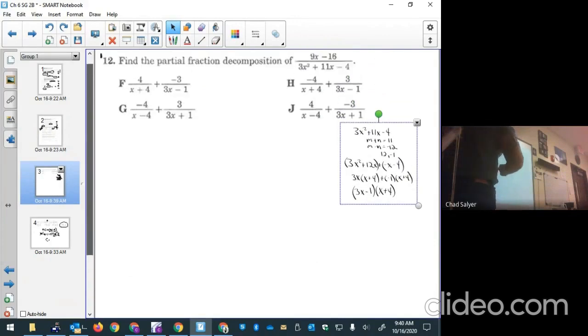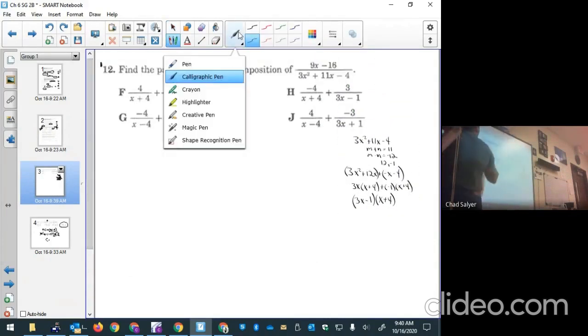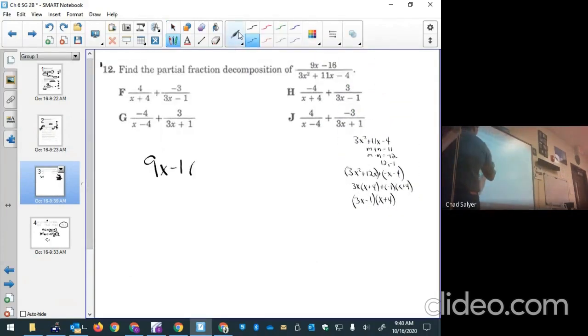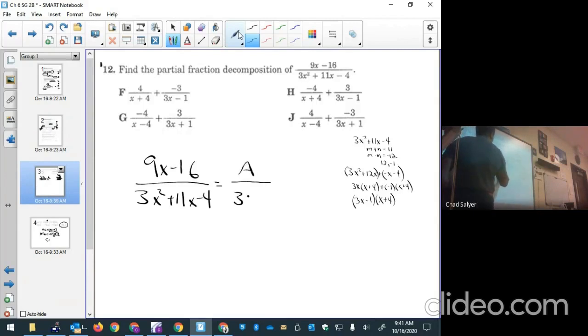And I can rewrite that original as equal to sum A over 3x minus 1 plus sum B over x plus 4.